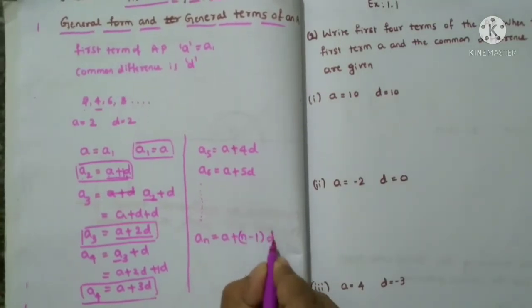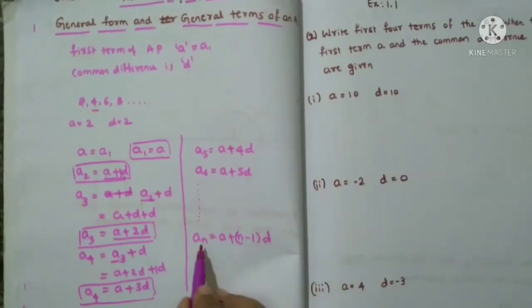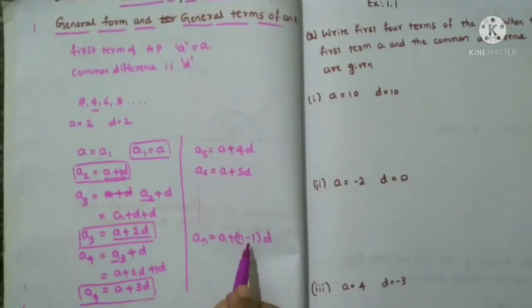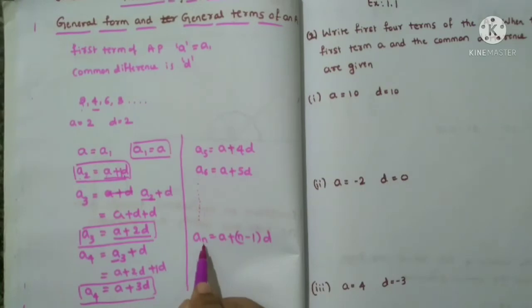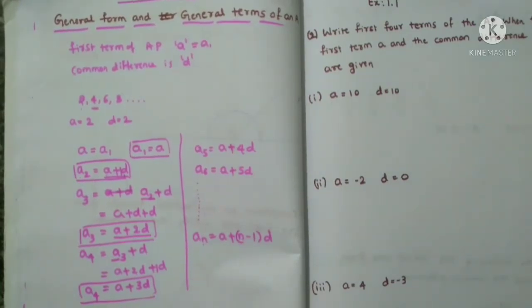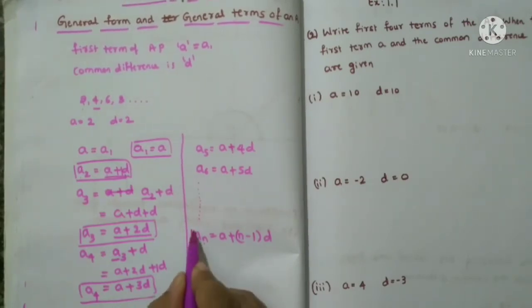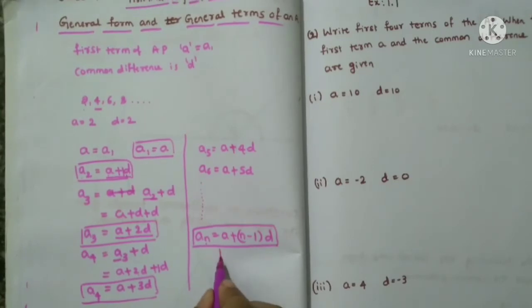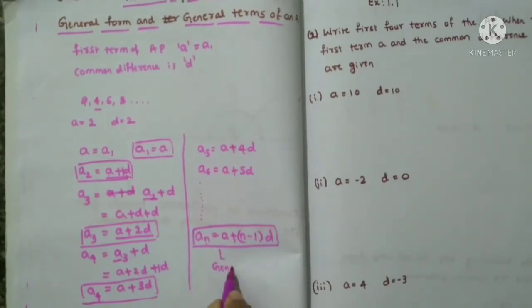Into d. See, here 5d is there where 6 is there; in place of that, n minus 1, because n may be anything. Here 4 is there means 3 will come, n minus 1. So this is called the general term of the AP.